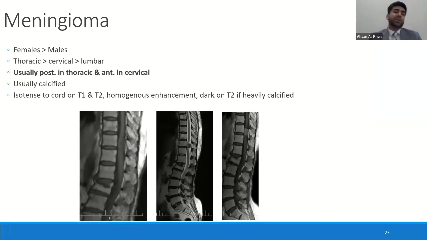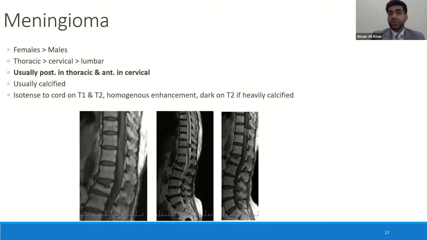So now we are on the meningioma. I'm just trying to cover as much as I can in this talk in 1 hour. It's a huge topic, but I hope I will be able to give you a good overview. Meningiomas have a very strong predilection for females, more than 70% of the patients with spinal meningiomas are females. They are more common in the thoracic spine, and the second most common place for spinal meningiomas is the cervical spine.